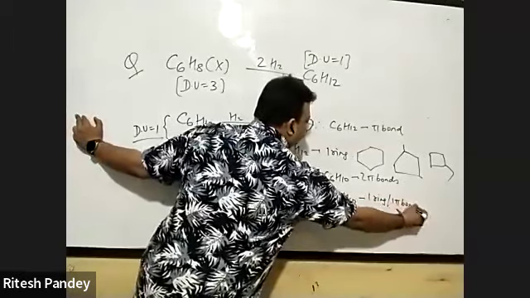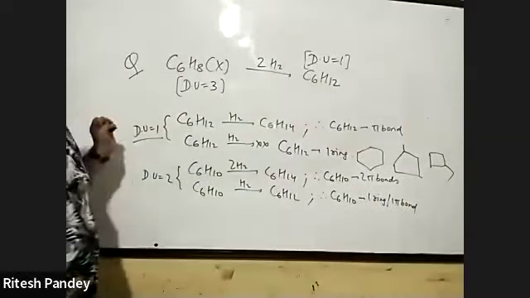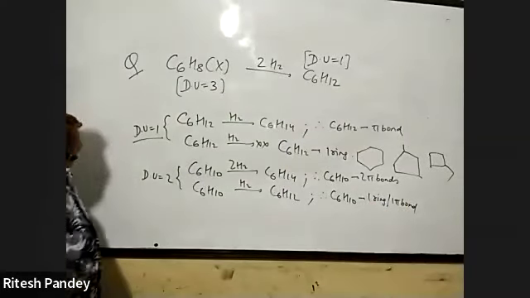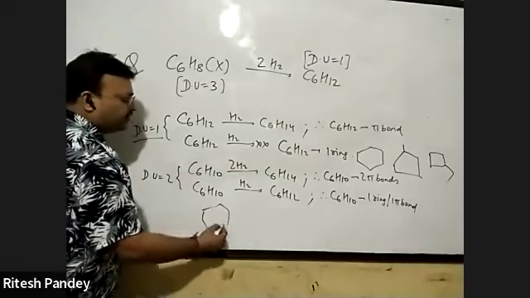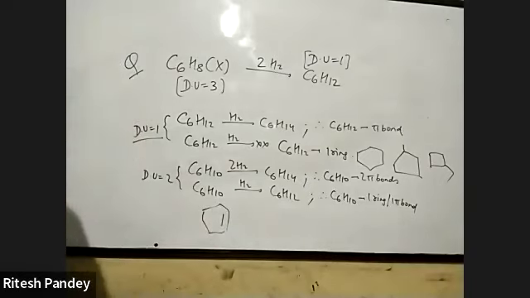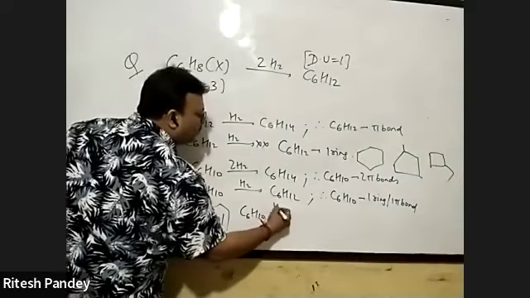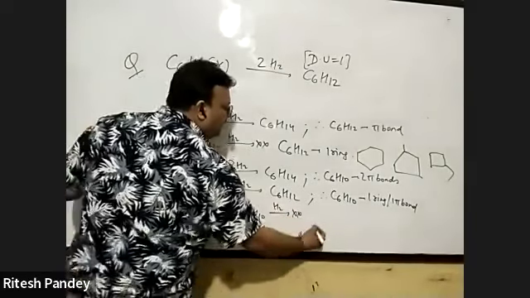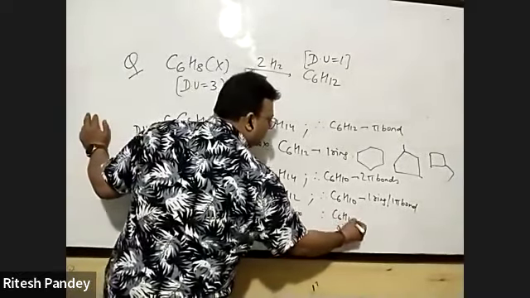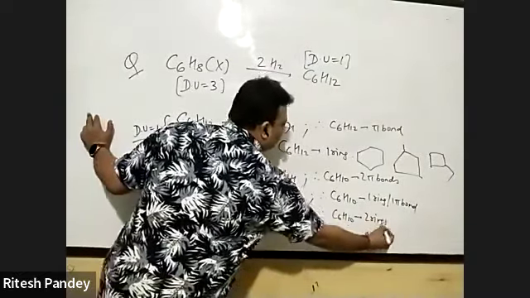Yes or no? Yes, sir. It could very well be a compound like this. और अगर C6H10 है जो हाइड्रोजन ले ही नहीं रहा है, इसका मतलब यहाँ पर दोनों रिंग है.